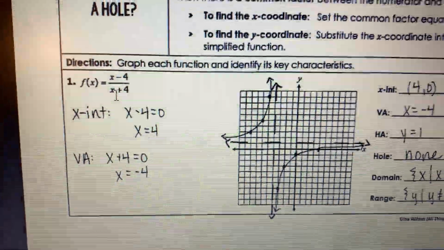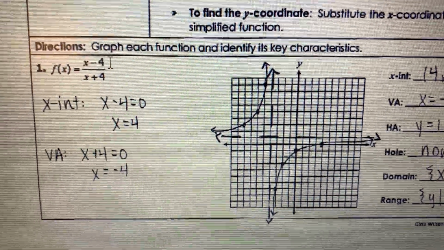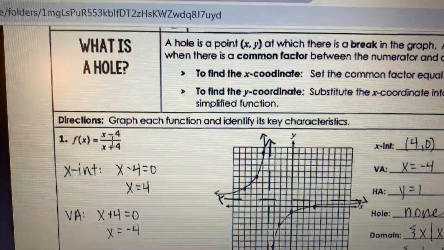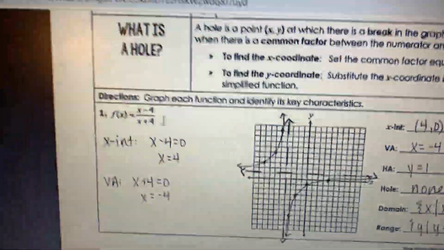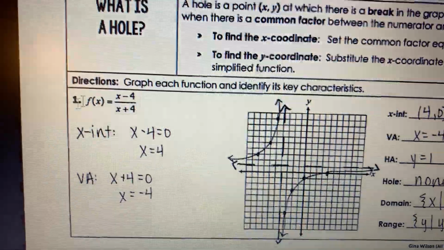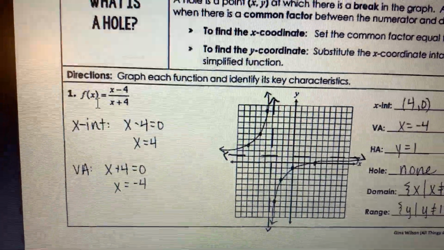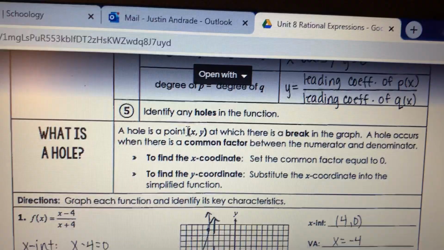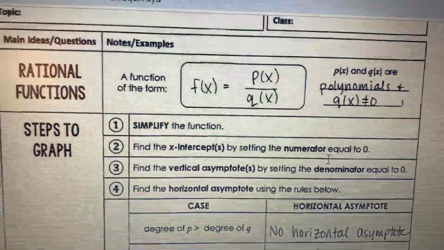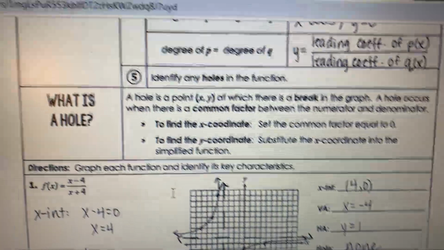And so to find the x-intercept, we need to figure out a value for x that makes this fraction equal 0. Well, if the numerator equals 0, then the fraction equals 0, which makes the y value equal 0. And so what you need to do is, to find the x-intercept, you need to set the numerator equal to 0 and solve for x.